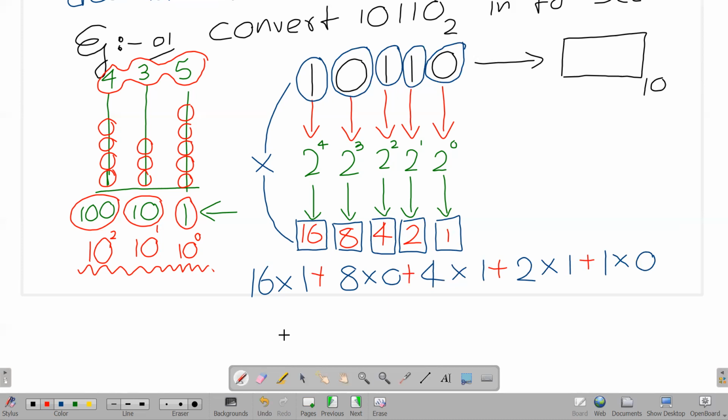That means I'm going to add 16 plus 0 plus 4 plus 2 plus 0, which will give me the answer as 22, which is in the decimal number system.